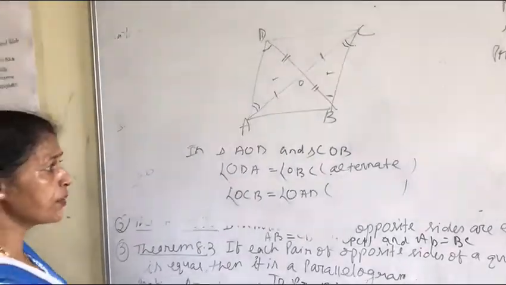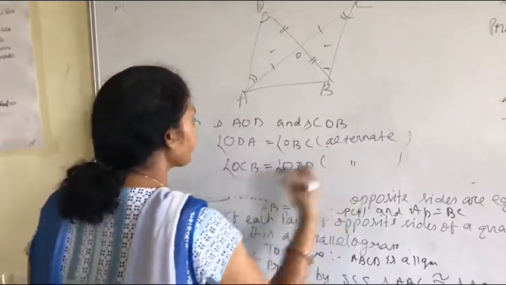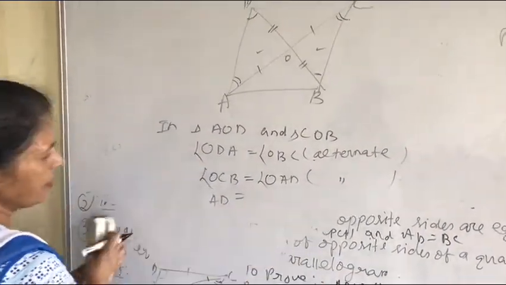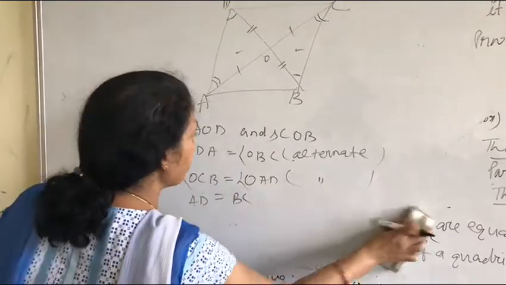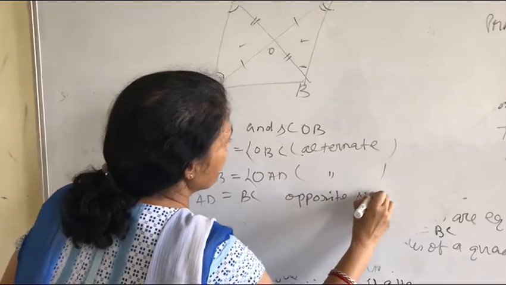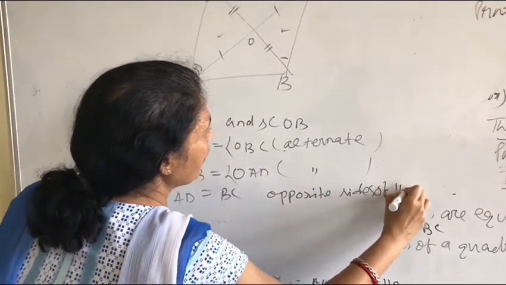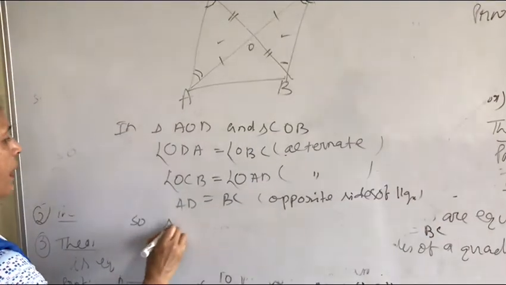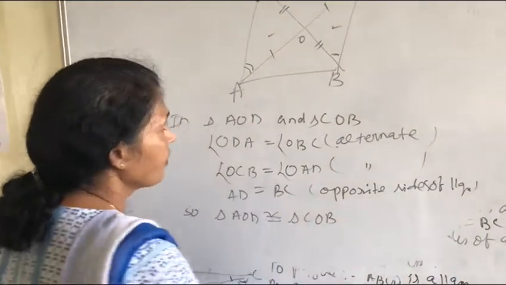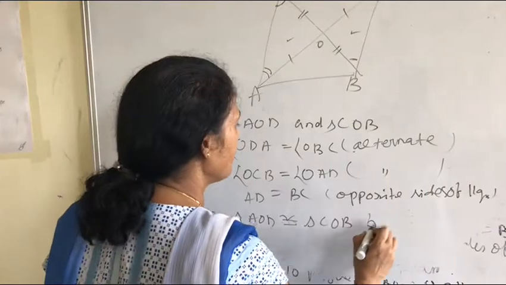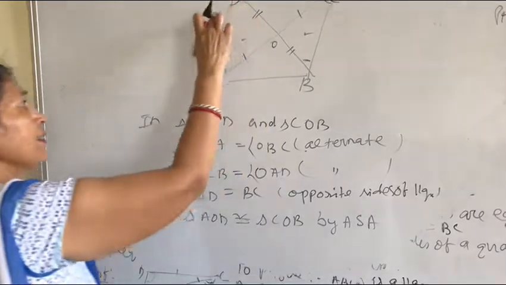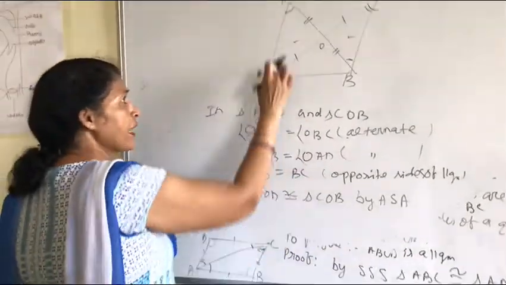This is cut by the transversal, so alternate interior angles. Then AD is equal to BC, opposite sides of a parallelogram. Clear? By ASA congruence, angle side angle congruence condition, these two triangles are congruent.